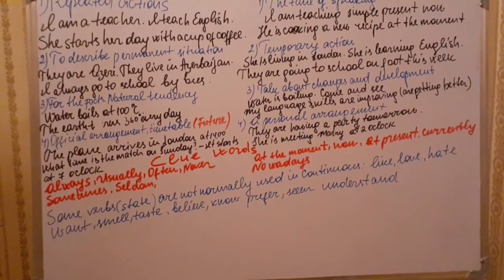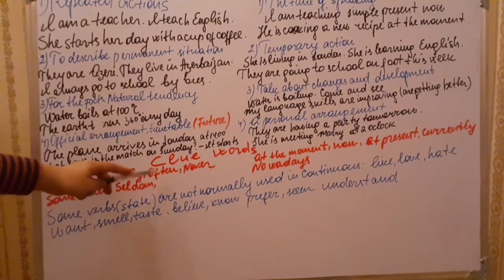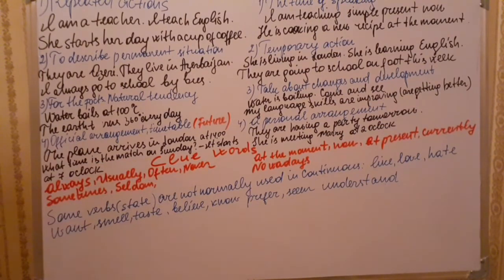So guys, we have special words. In the present simple tense form, these are considered to be adverbs of frequency, and the general name of these words is clue words. In the simple present tense form, if we see these special words, we have to choose the present simple tense form: always, usually, often, never, sometimes, and seldom.